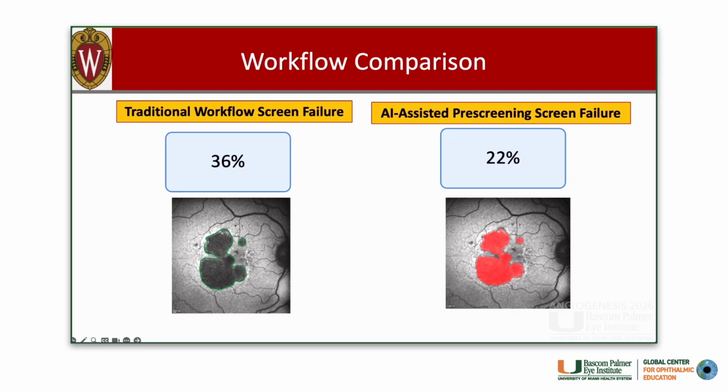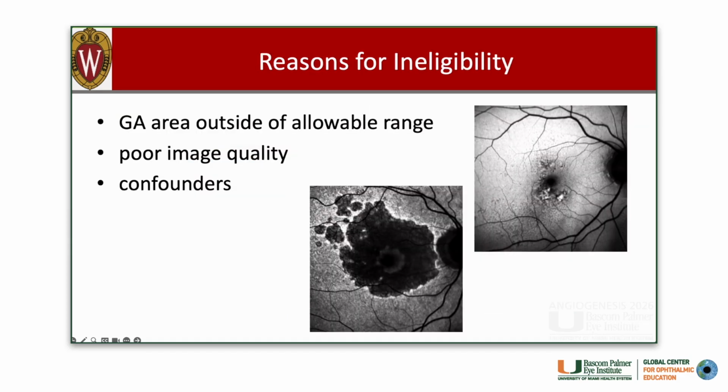So this did show us that there can be some improvement in the screening of patients if we can use an AI-assisted pre-screening. The reasons for ineligibility were GA area outside the allowable range, poor image quality, or confounders.